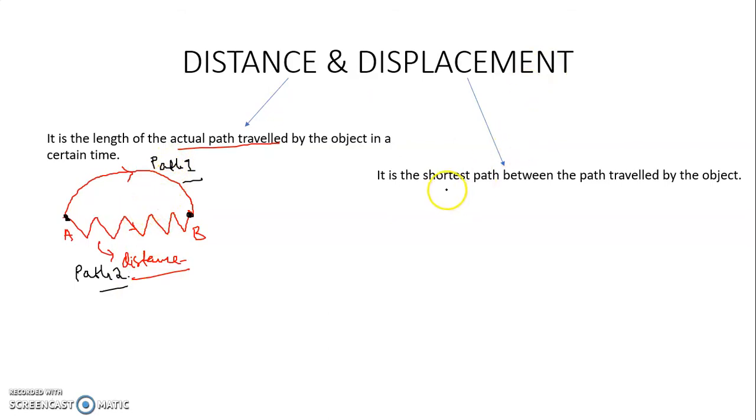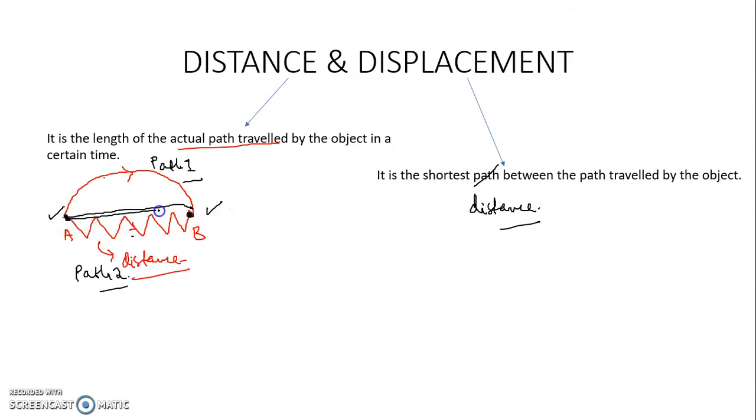And what is displacement? It is the shortest path, or basically if I say shortest distance, that would be the best thing to explain. It is the shortest distance between the path traveled by the object. So the shortest distance between these is this one. Alright. Whether you take this path or you take this path, you're going to start from here and you're going to end at B, right?